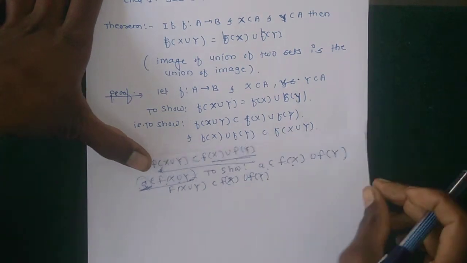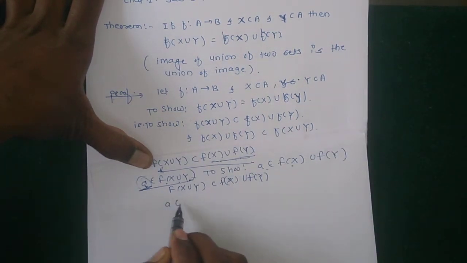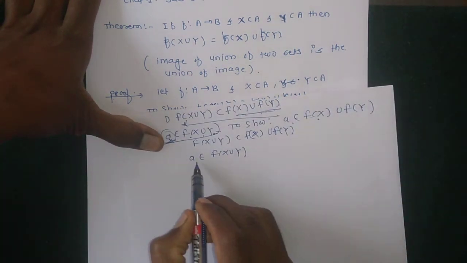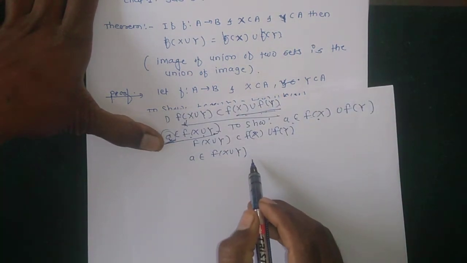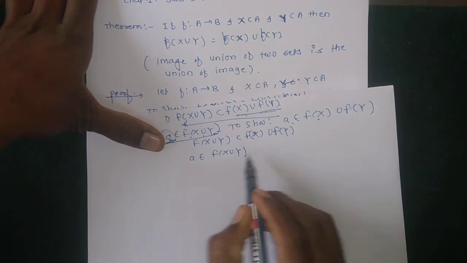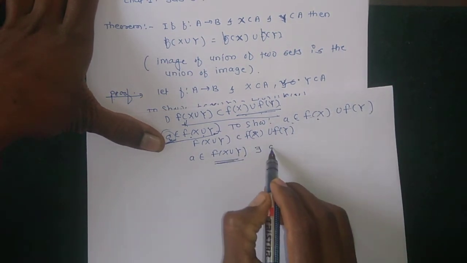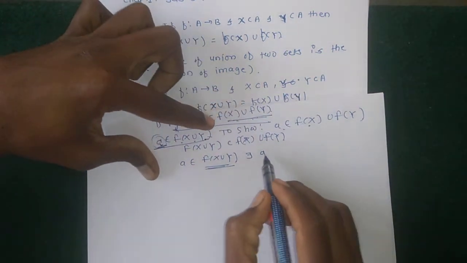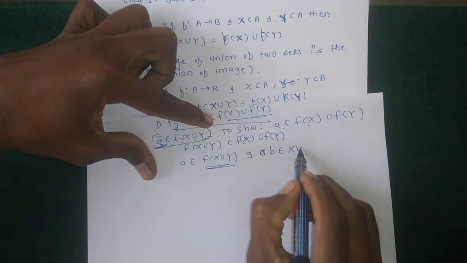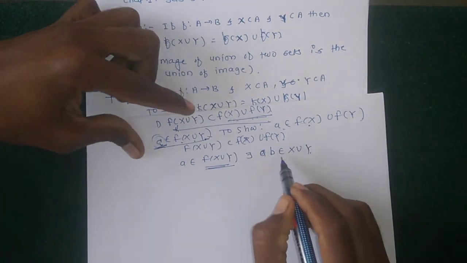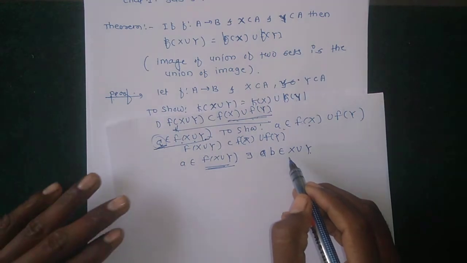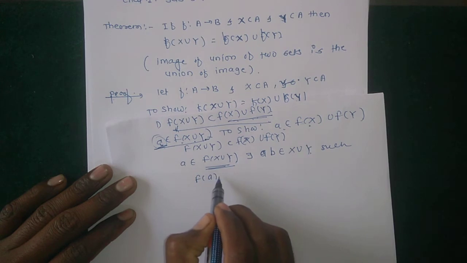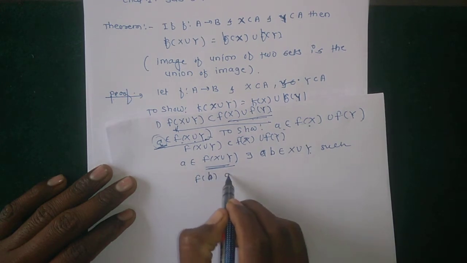How to show this? Suppose a belongs to f of X union Y, which implies a belongs to the image of the union of two sets. Then there exists b belonging to X union Y such that f of b is equal to a.